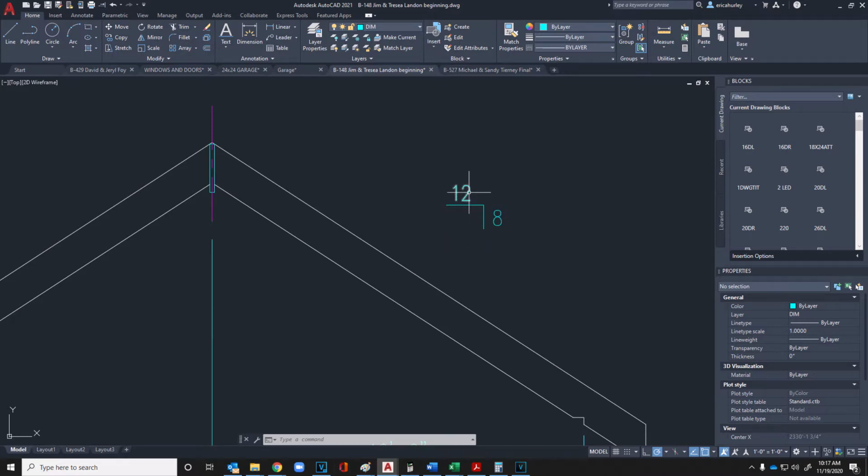So I'm going to call this the unit run, or unit R. And I'm going to call this the unit rise, or URI.